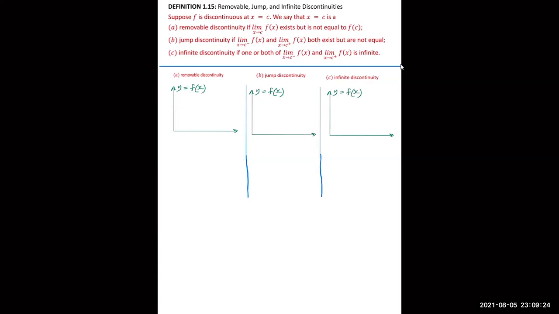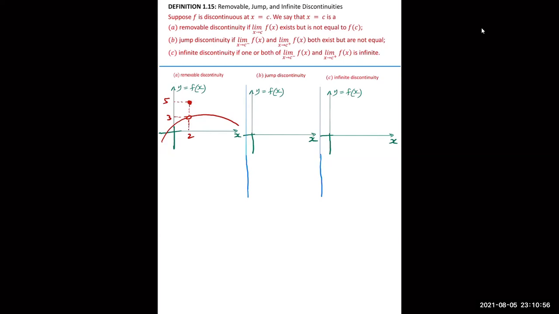Think of a graph of a function like this. This is the graph of the function f of x. Of course, there is kind of a hole here, and the function value is here at x equal to 2.